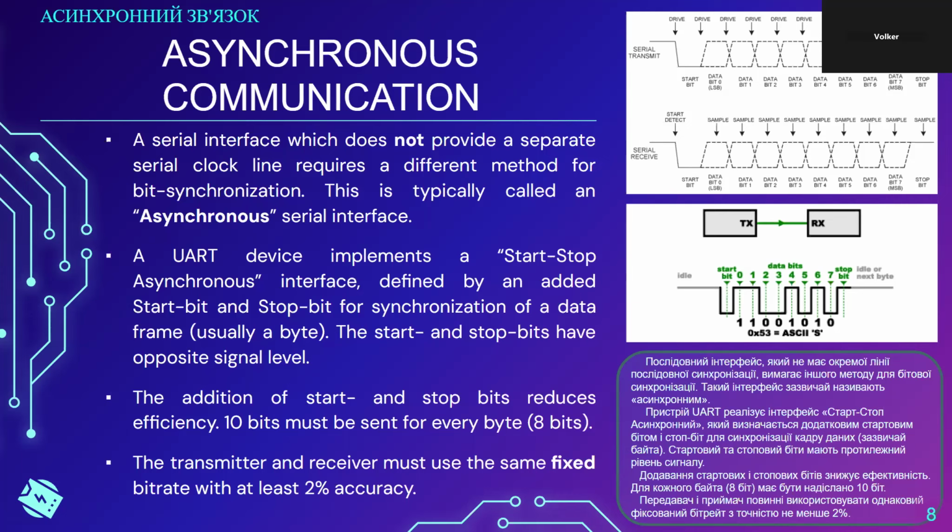2% is more or less like a rule of thumb, but it's 2% because we're transferring 10 bits. We're trying to sample in the middle of each bit. So the sample point is not allowed to shift more than half a bit time.